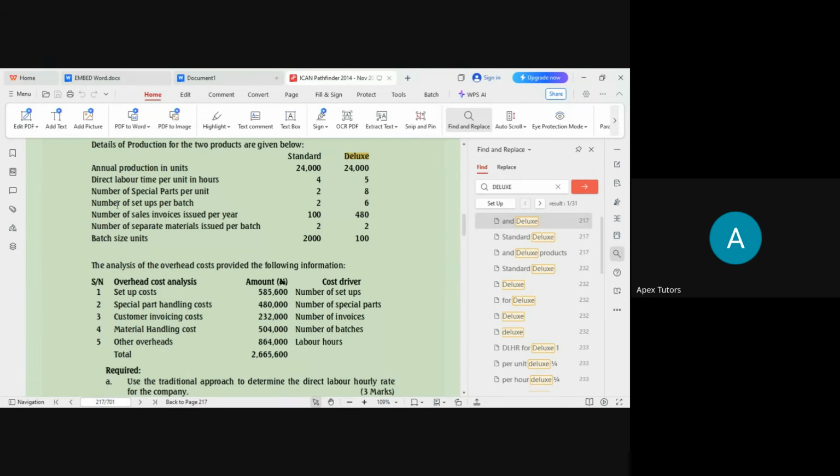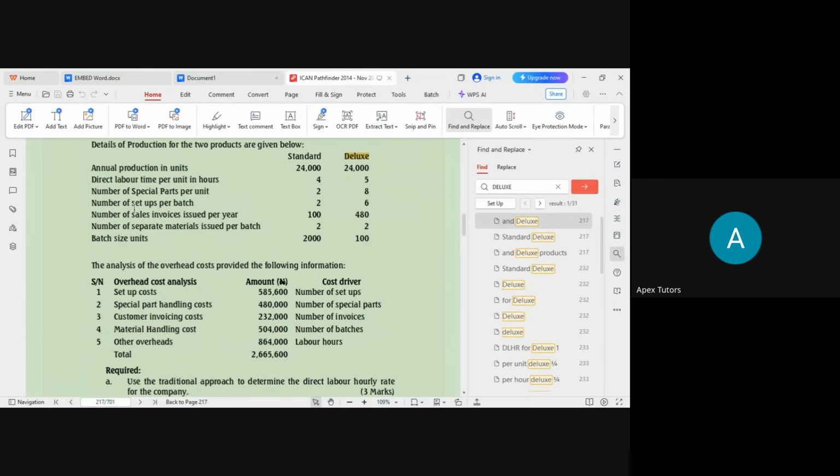Now, looking at this setup, is it just the number of setups? If it were the number of setups without per batch, the story would have been different. But this setup depends on batch. It relies on batch. So you must know how many batches you have.